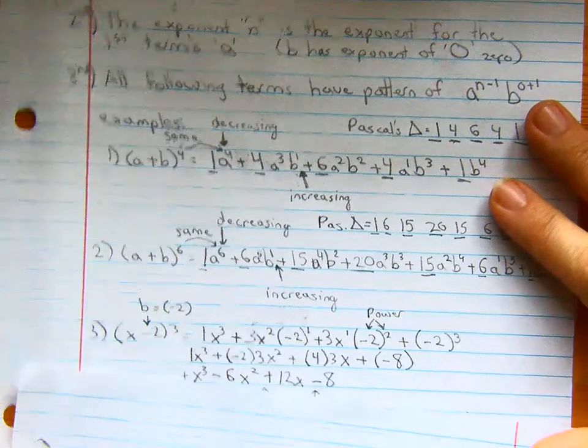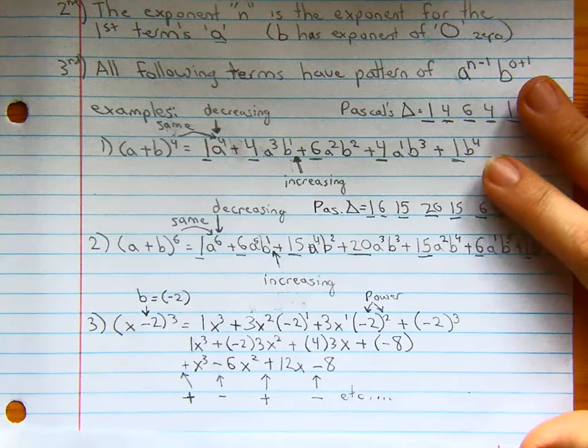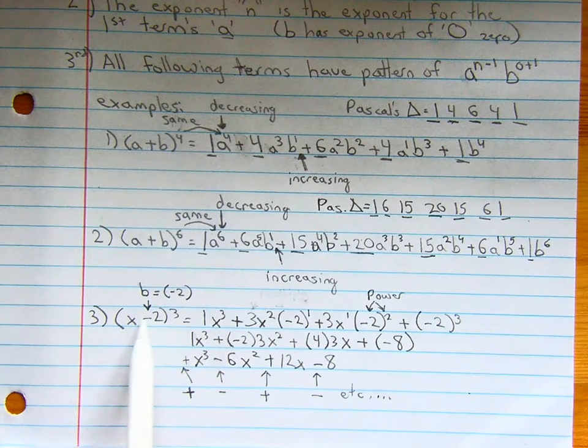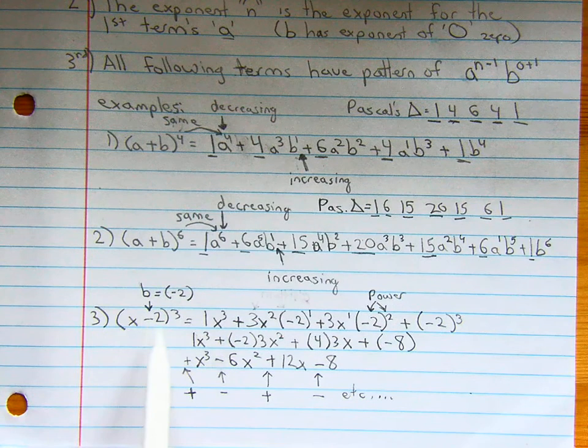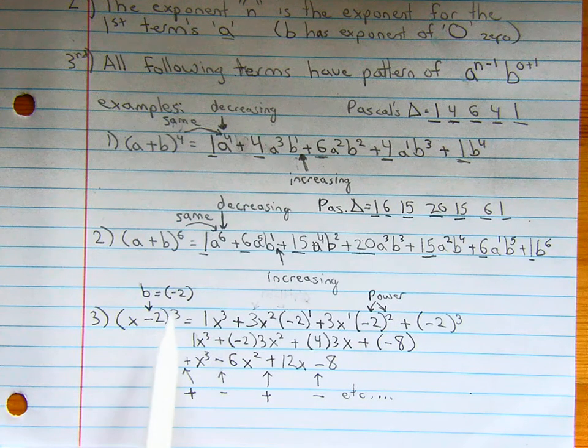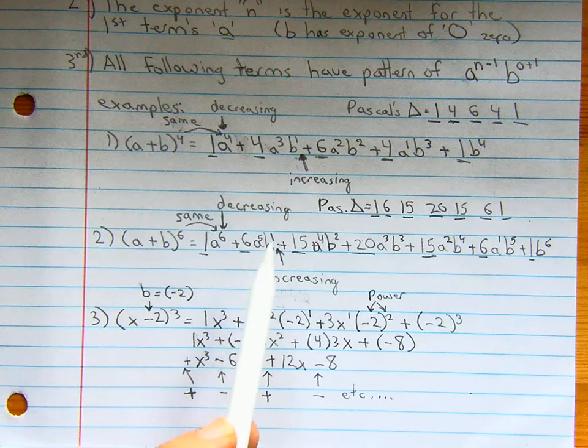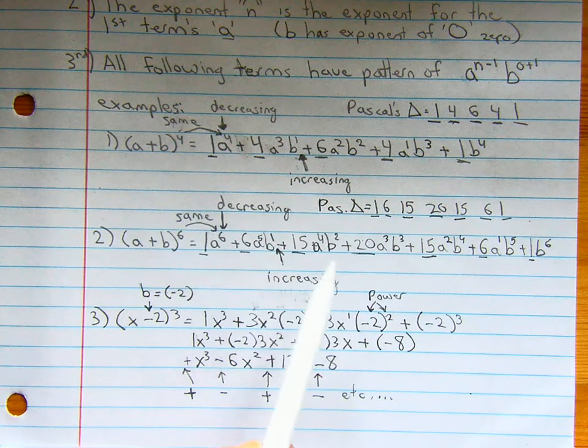So our last example combines two different elements that you might see. What happens when we have a negative, and what happens when we have an actual number in either one of these components. So in this situation, my b is actually -2. So basically, wherever there was a b, you think about putting parentheses around it and putting -2.